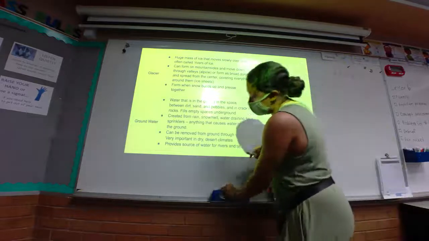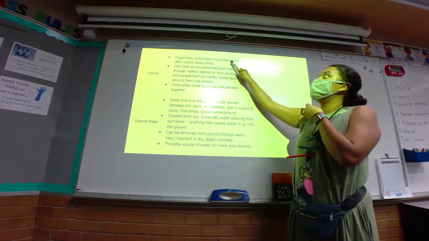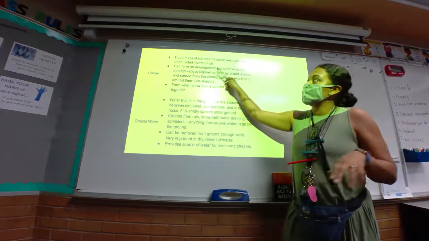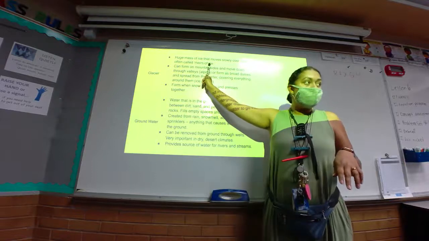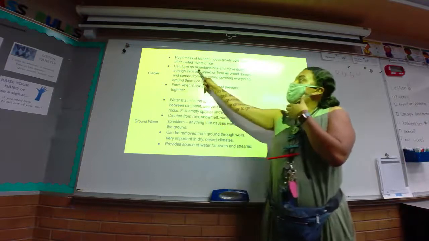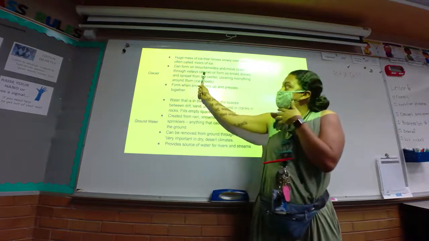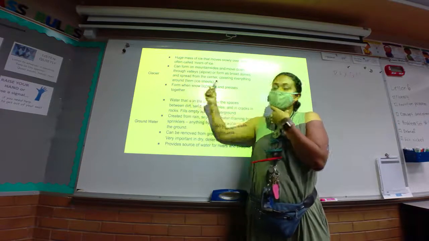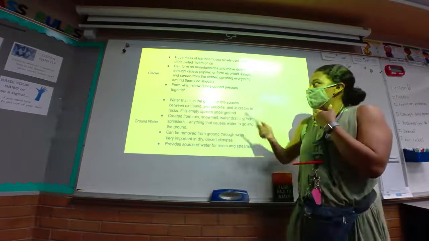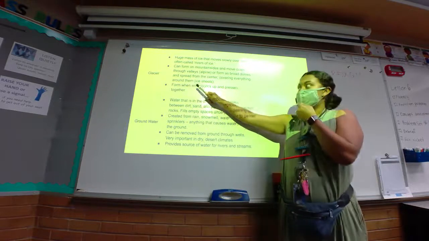Glacier. It is a huge mass of ice that moves slowly over land, often called rivers of ice. They can form on mountains and move down through valleys, or form as broad domes and spread from the center, covering everything around them, so like an ice sheet.